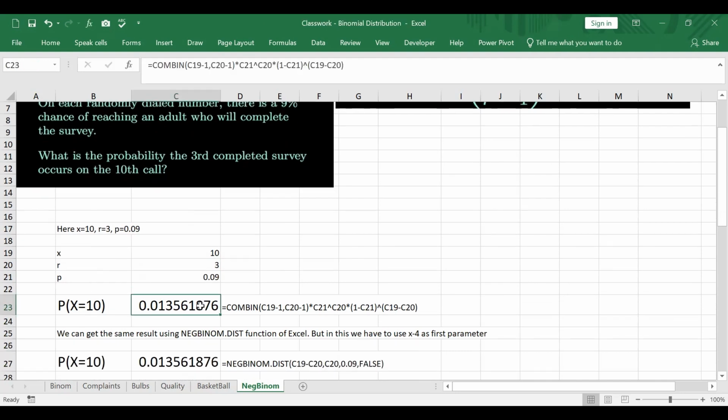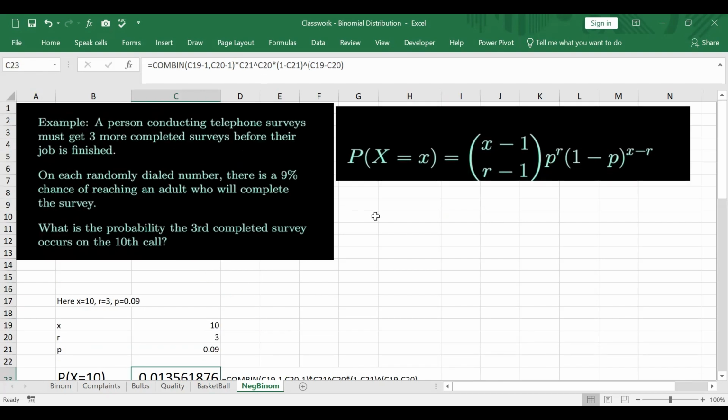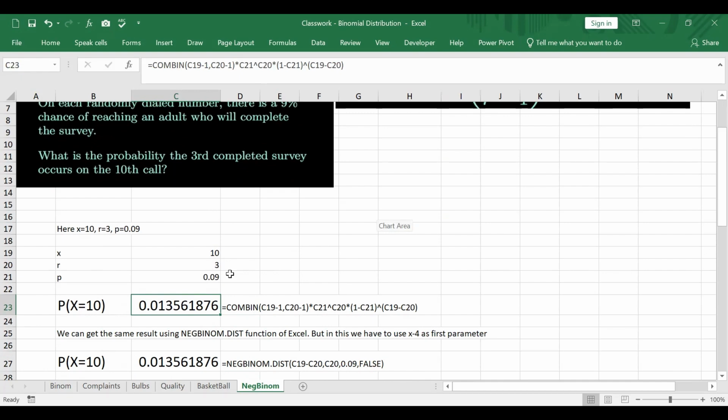Combine x minus 1, r minus 1. You can put the cell references for x minus 1 and r minus 1, then star p to the power of r. Let us do it directly also: equal to combine x minus 1, r minus 1.